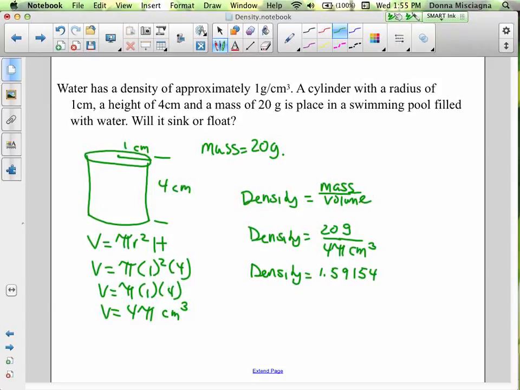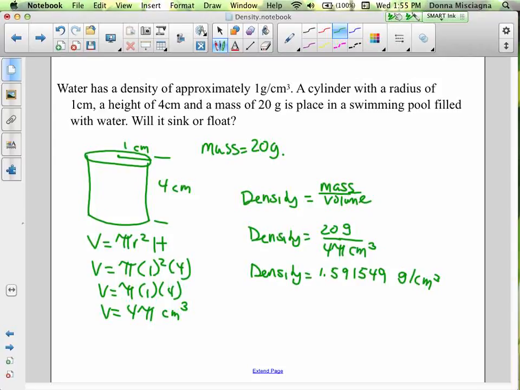What follows the 9? 4. We'll end it right there. And so that would be grams per centimeter cubed. Have we finished answering the question? No.